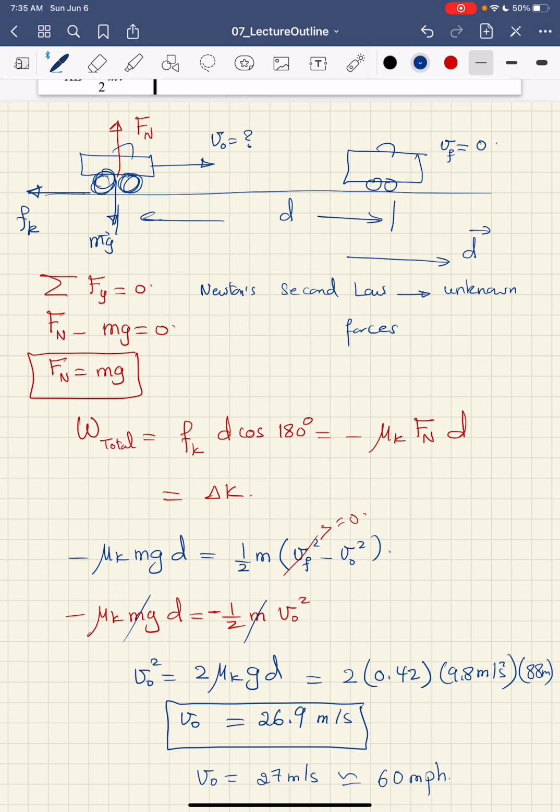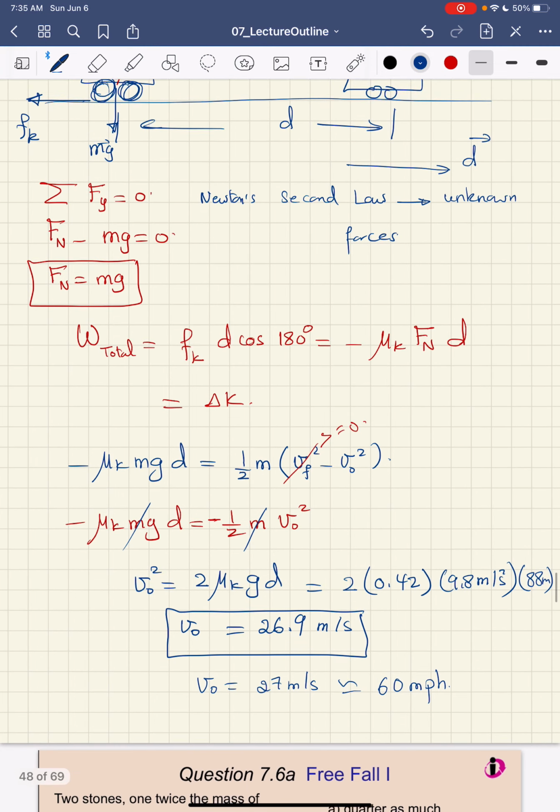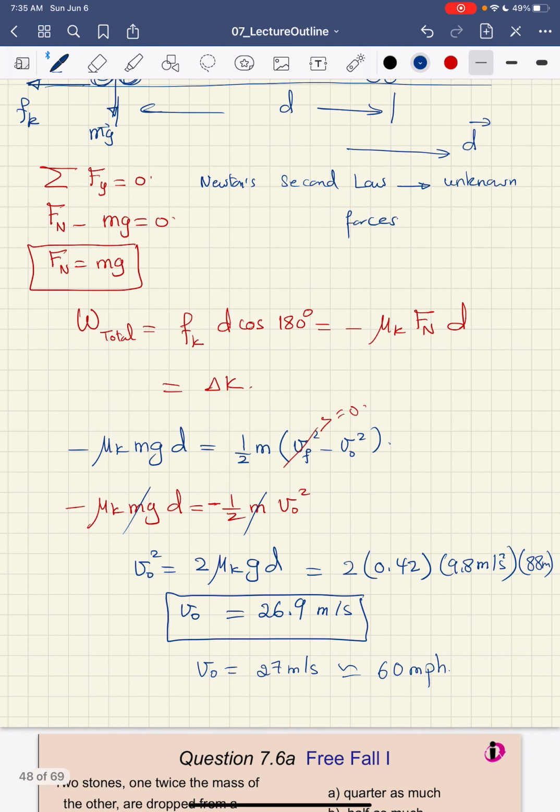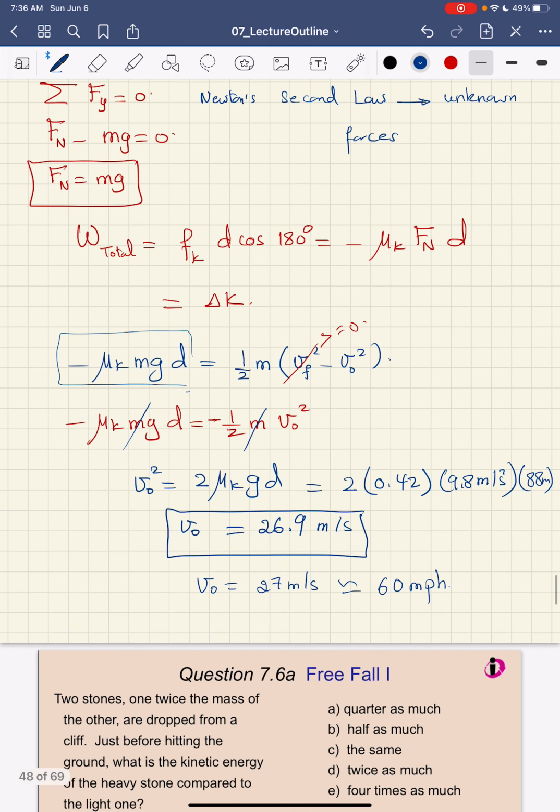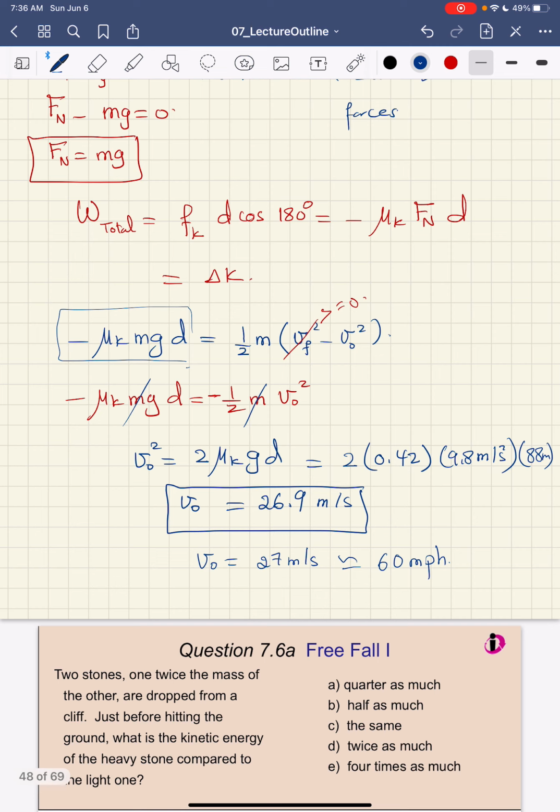Minus mu k times the normal force times d equals the change in kinetic energy, and the PTs are dealing with this type of equation to determine what was really the speed of the car initially. This here is the work done by friction, and this is the change in the kinetic energy. From that, we can find that 26.9 is the initial speed, which is about 27 meters per second, which is about 60 miles per hour.